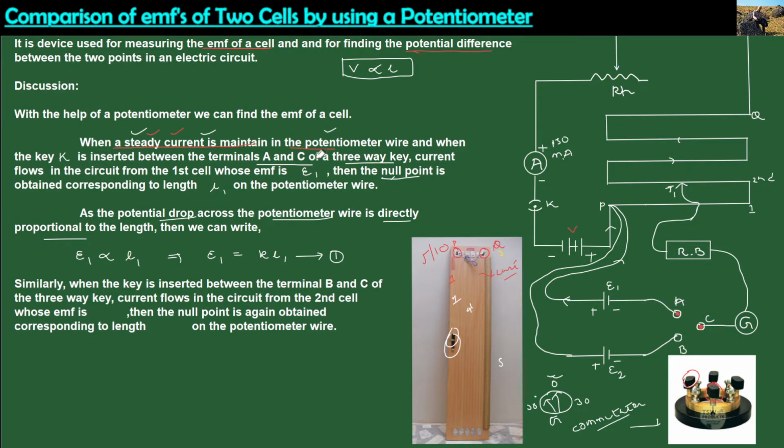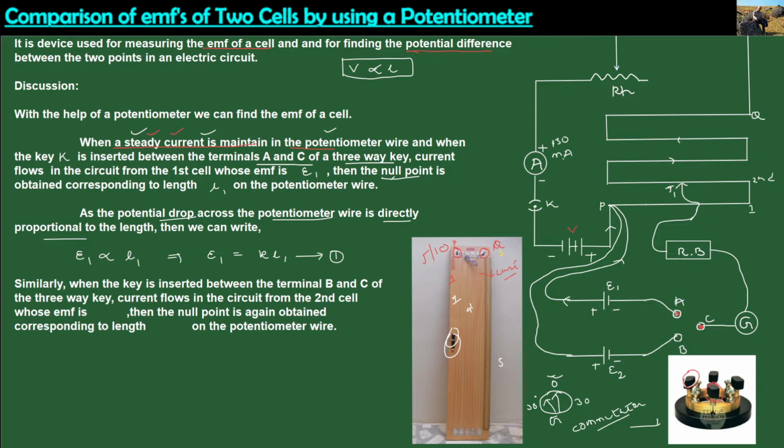The first step is by inserting the plug between these two points A and C. Now suppose I insert the plug between point B and point C. When you insert the plug between B and C, the current will flow across the second cell.